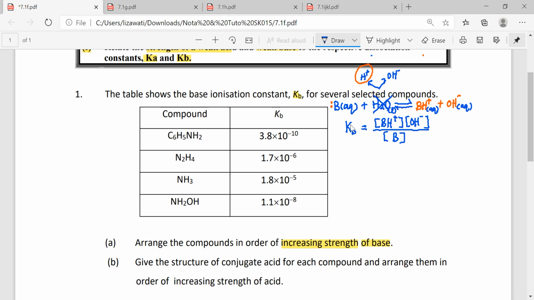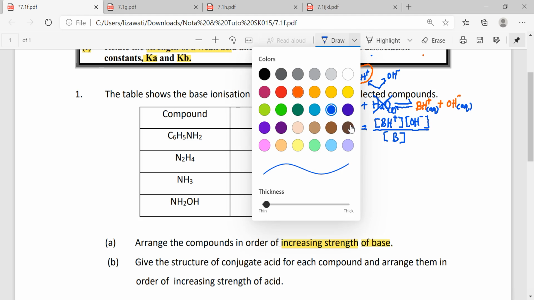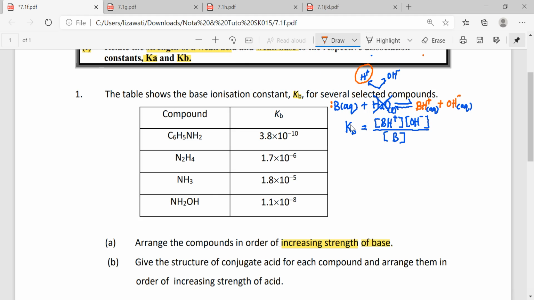Next, we have to refer to the relationship between the concentration of OH minus and Kb. We know that pH plus pOH is equal to 14. A stronger weak base should have a greater pH, so the pOH would become lower in order to get a higher pH.